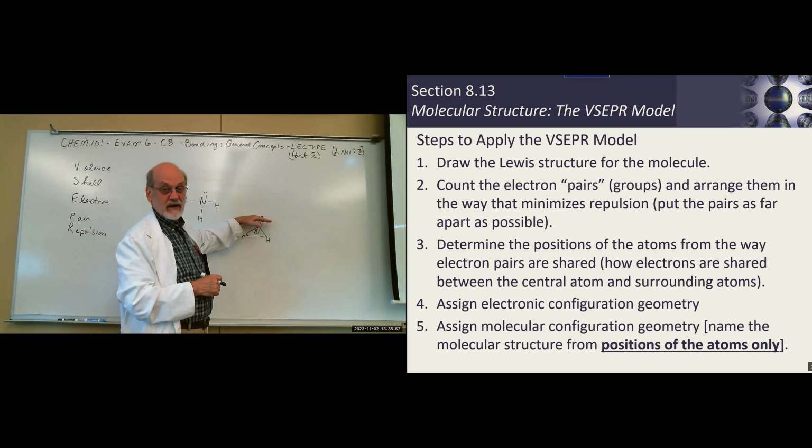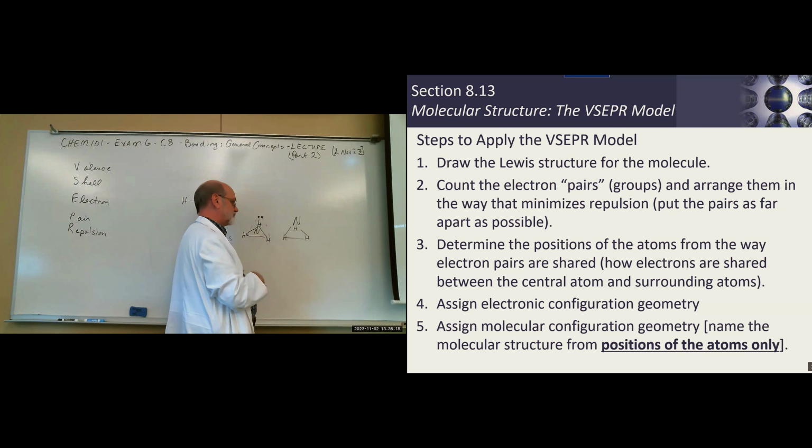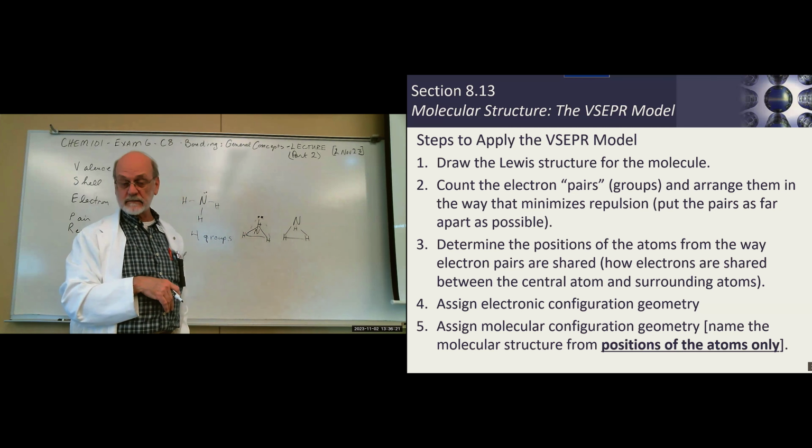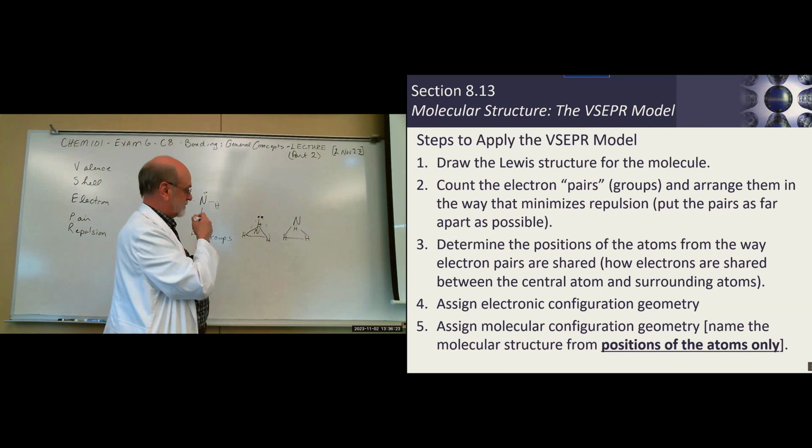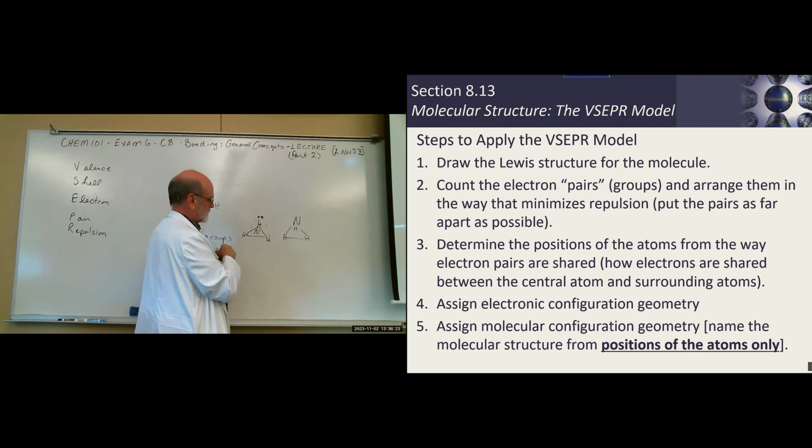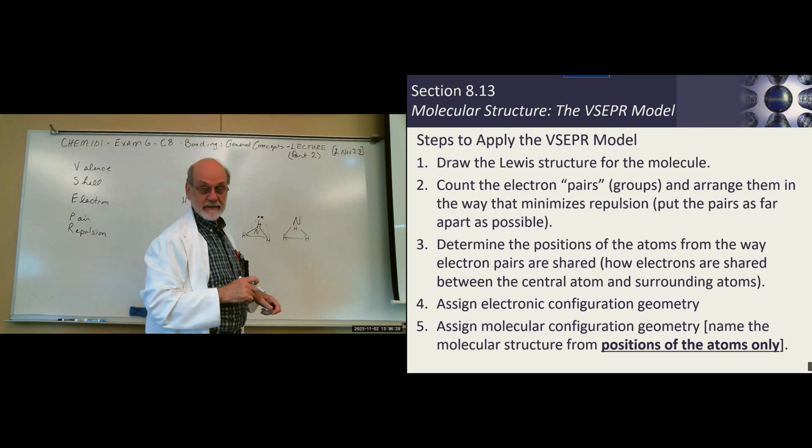So what you're looking at is a nitrogen here, and then a hydrogen in the back, and a hydrogen here, and a hydrogen here, forming that triangle base. And what you would have there is a trigonal pyramid, because we're not interested in the lone pair, we only want the molecule.